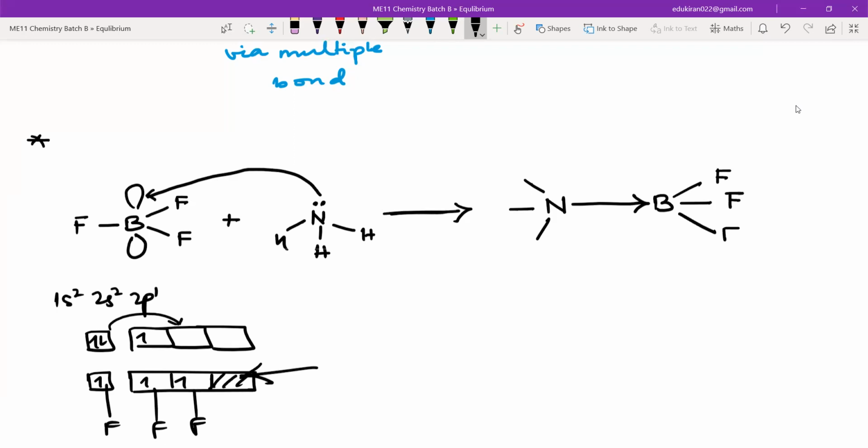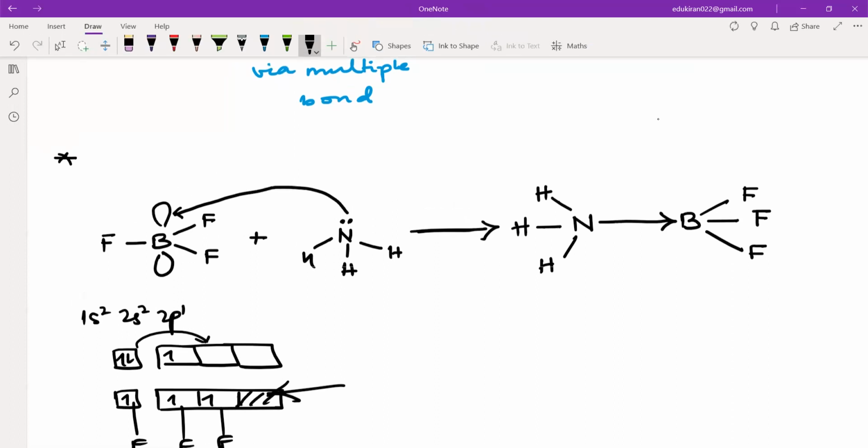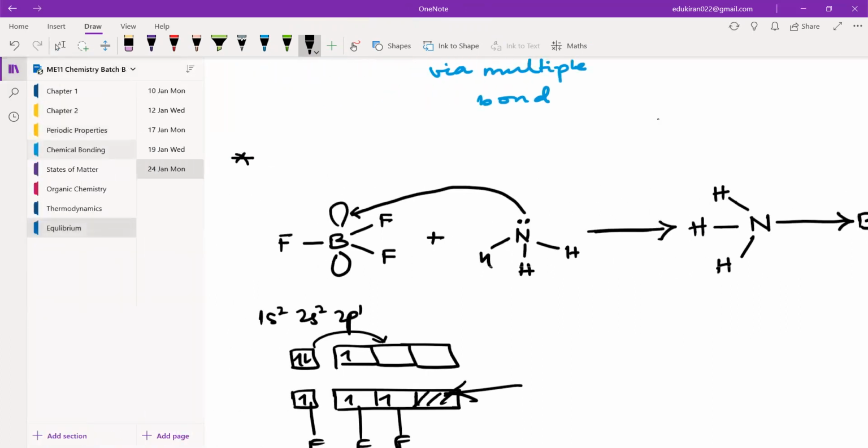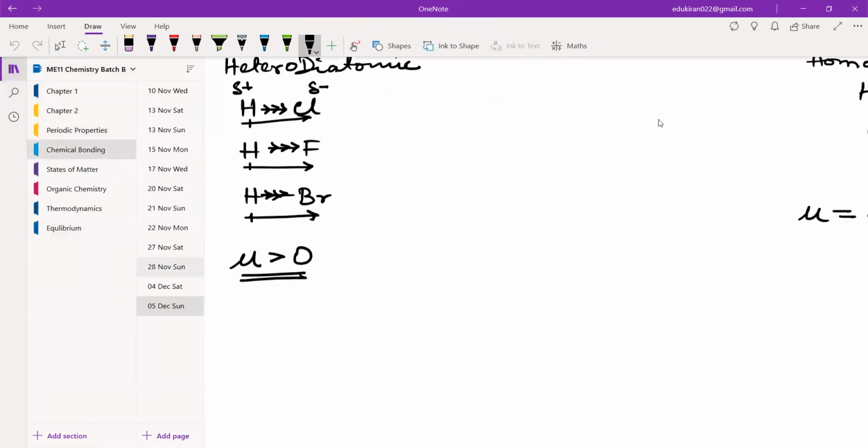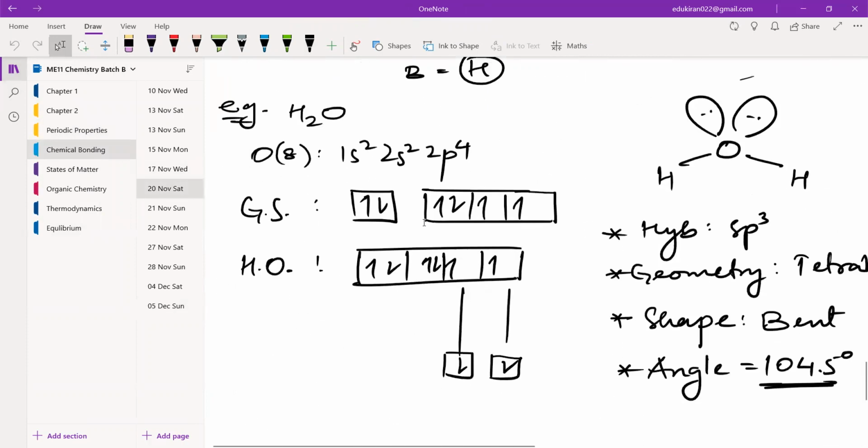And if you remember, I have written this reaction in the chemical bonding chapter also. So write this down, and we have also determined the hybridization there. There is an NCERT question on this, chapter number 4. Let me see, did we do this? Dipole moment, I think in hybridization somewhere we did.